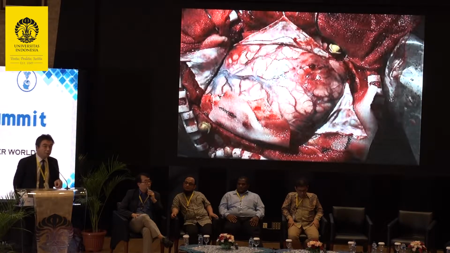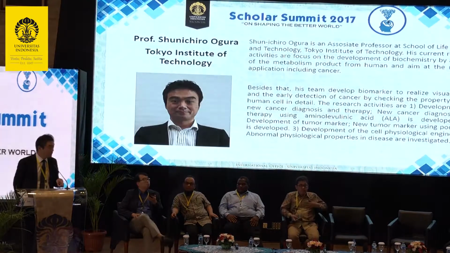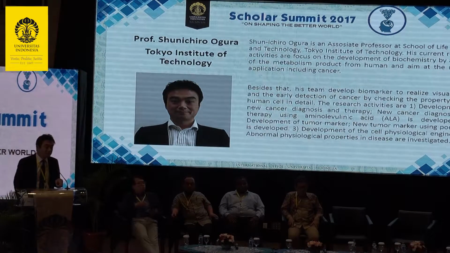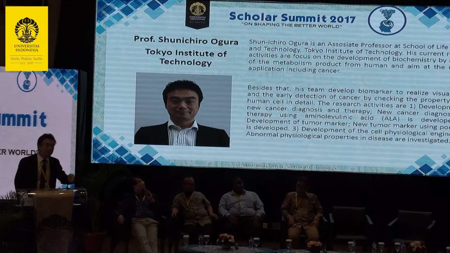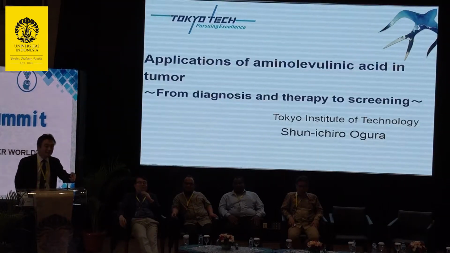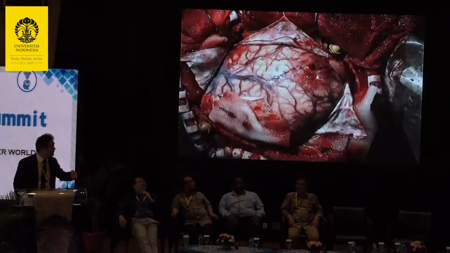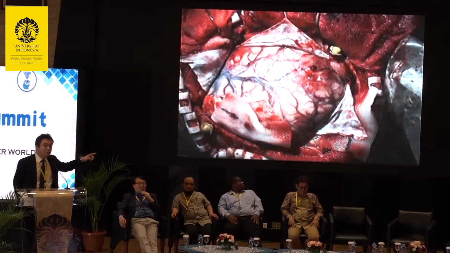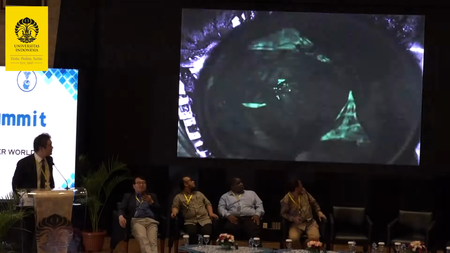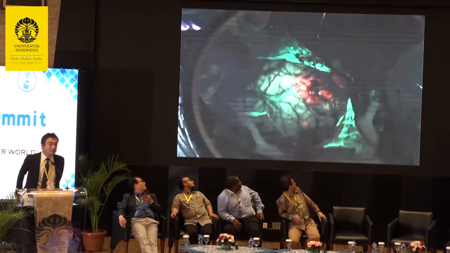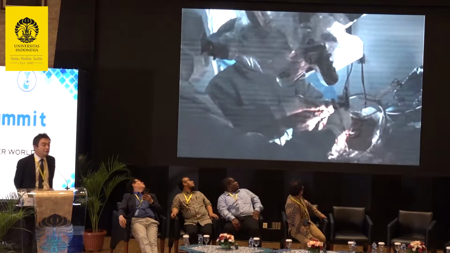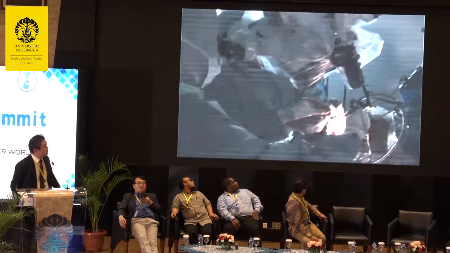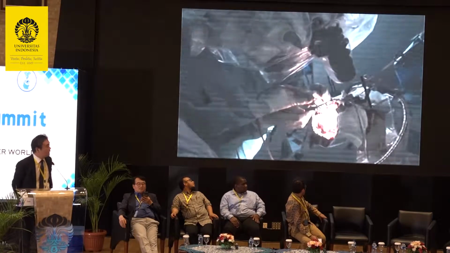So please move to this movie. Would you go back to the PPT file? Yeah, and that is the movie. That red color is the tumor area, so we can see where the tumor is. So this is the surgery.